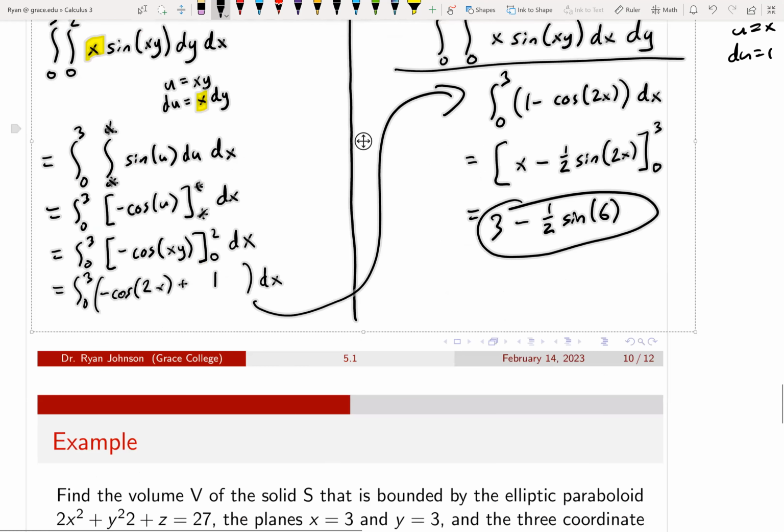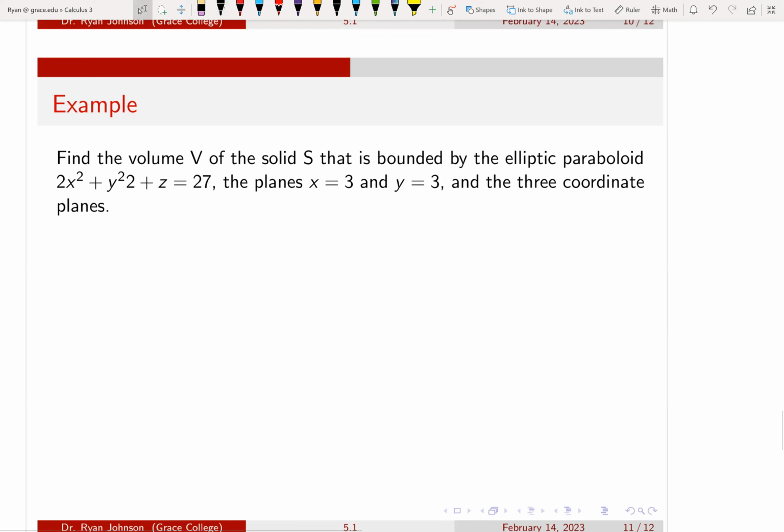Okay, now let's find the volume of a solid bounded by the elliptic paraboloid 2x squared plus, that's a typo, there's no 2 there, plus y squared plus z equals 27, the planes x equals 3 and y equals 3, and the 3 coordinate planes.